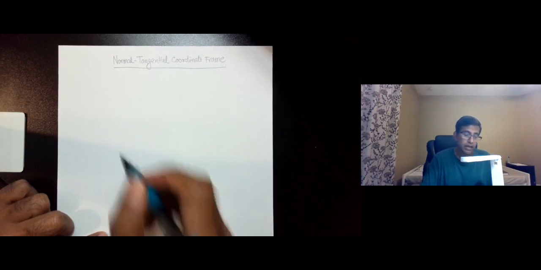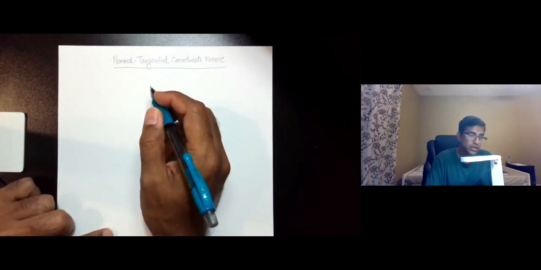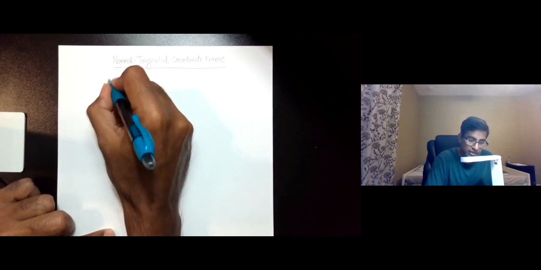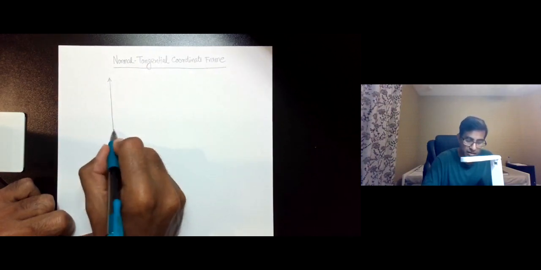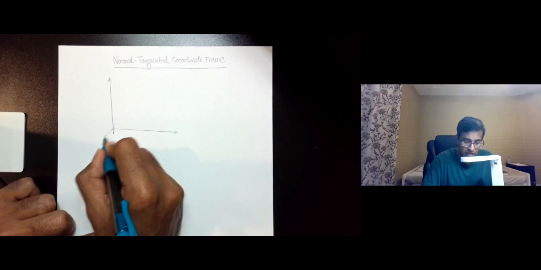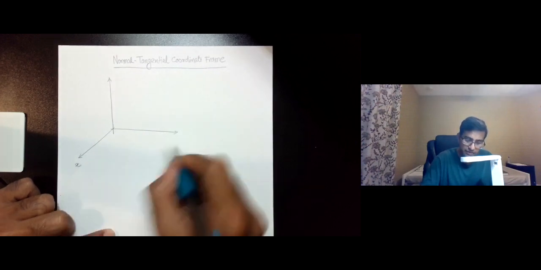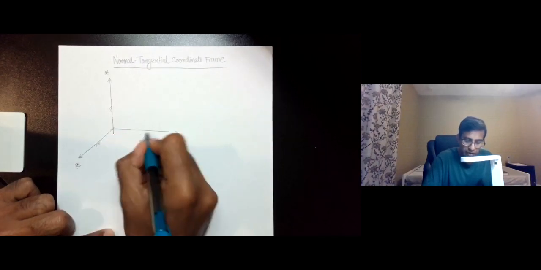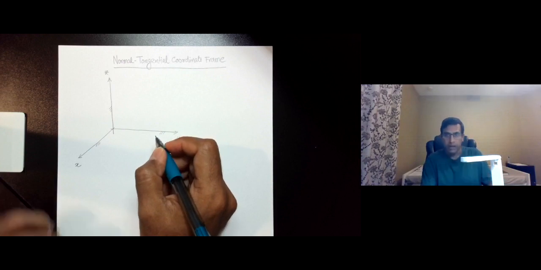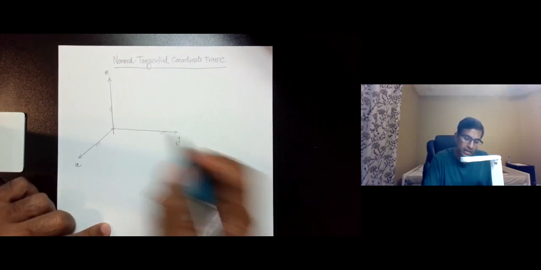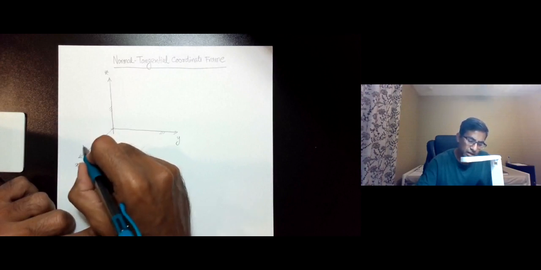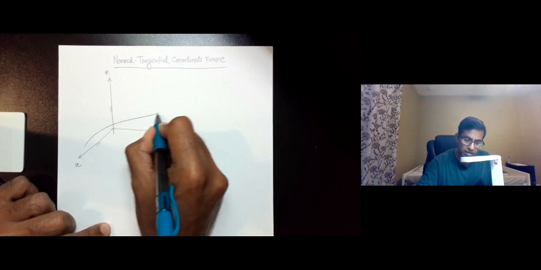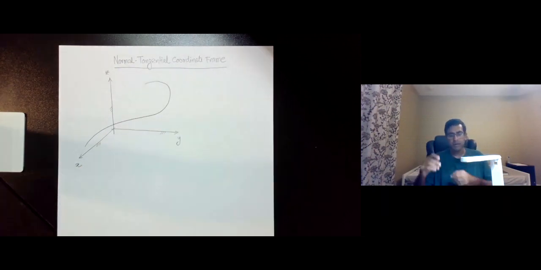So let us, to define this normal tangential coordinate frame, draw a diagram. Let's say that there is this XYZ fixed reference frame, so this is a fixed coordinate frame, and assume that there is a particle that takes a curved path, let's say some curved path like this.